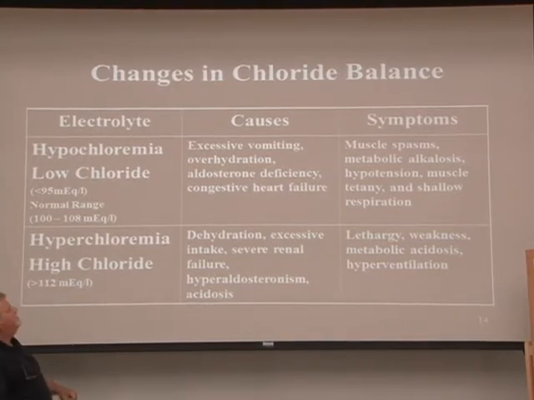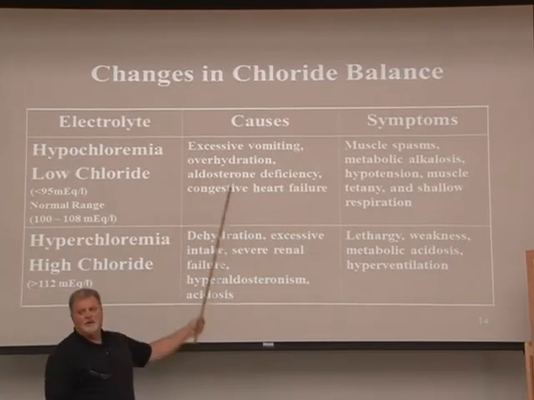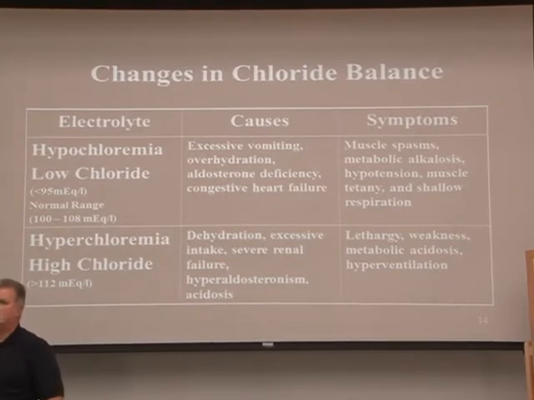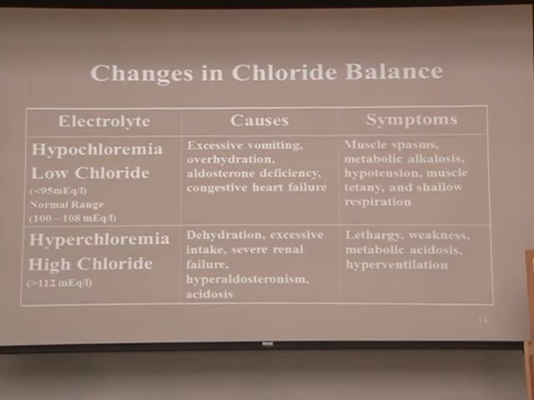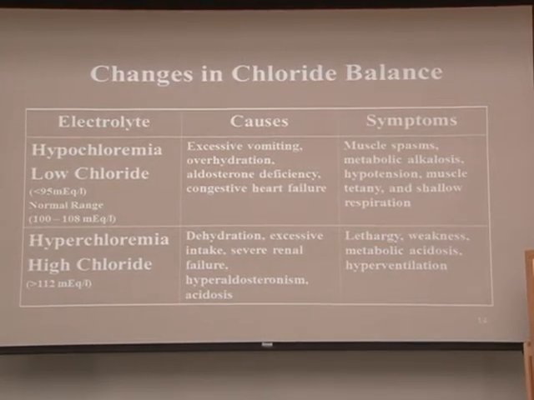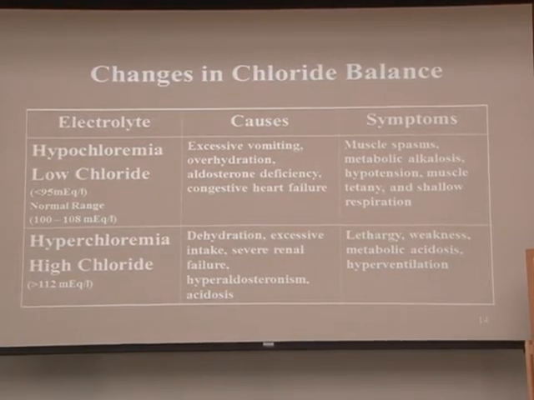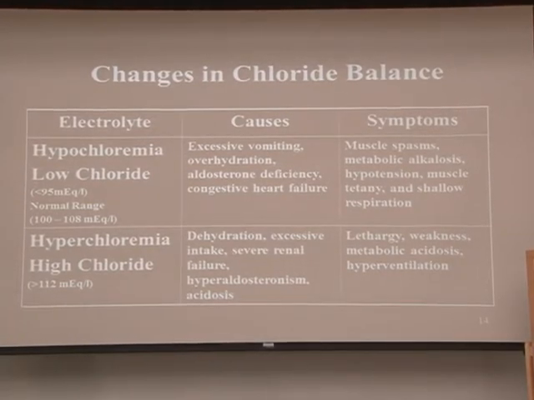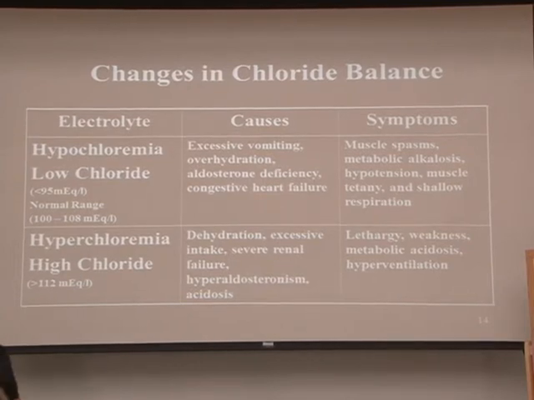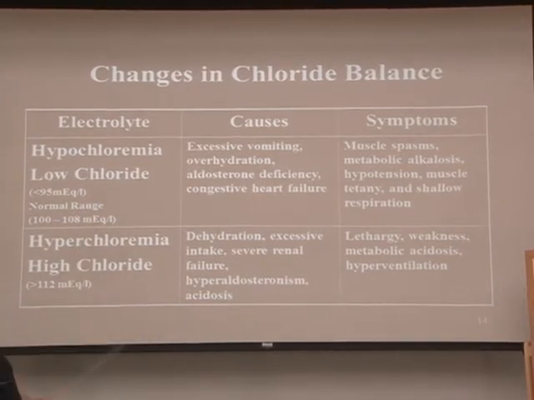The reason why you would get it would be excessive vomiting. Why vomiting? So what do you lose when you vomit? What's your stomach like? Hydrochloric acid. So chloride ions, you're losing chloride ions.